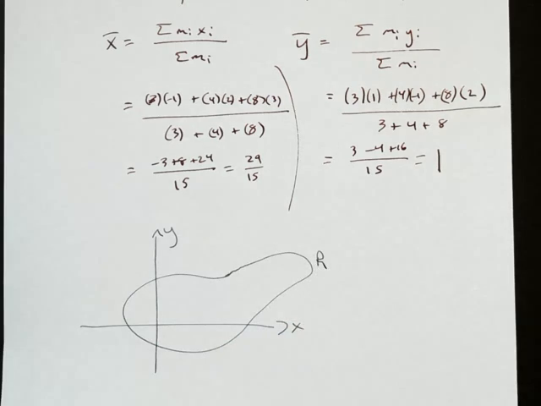Here's an absolutely bizarre shape in the XY plane. Now I'm going to make an assumption. The assumption I'm going to make is that whatever you drew this shape on, when you cut the shape out, it's uniformly thick and uniform density.